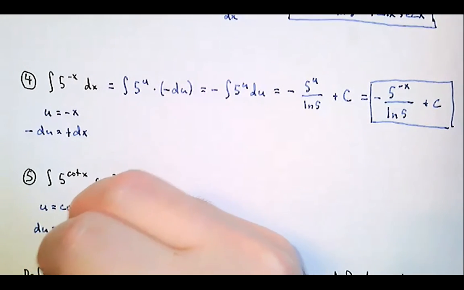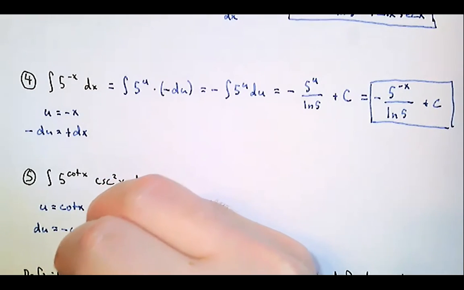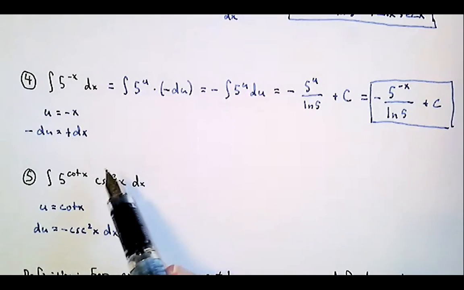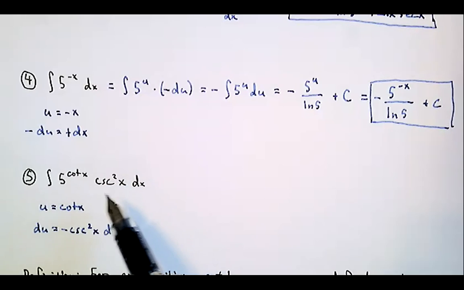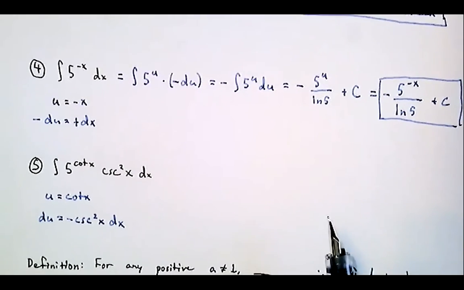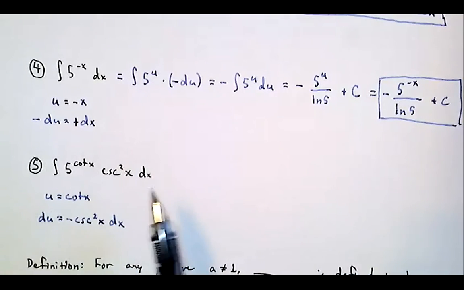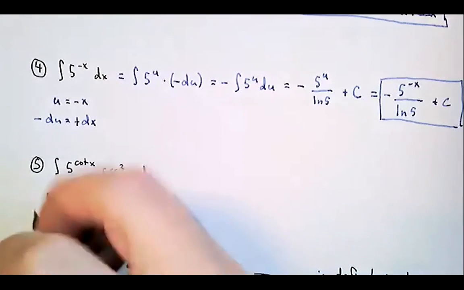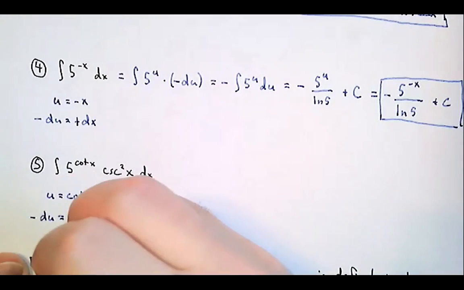Negative cosecant squared. So this cosecant squared in the original integral, which might have looked like it would give us trouble, actually just turns out to be our du, or negative du. Because there isn't the negative sign up here, we do probably want to move that negative sign to the left, just like we did in the last example.